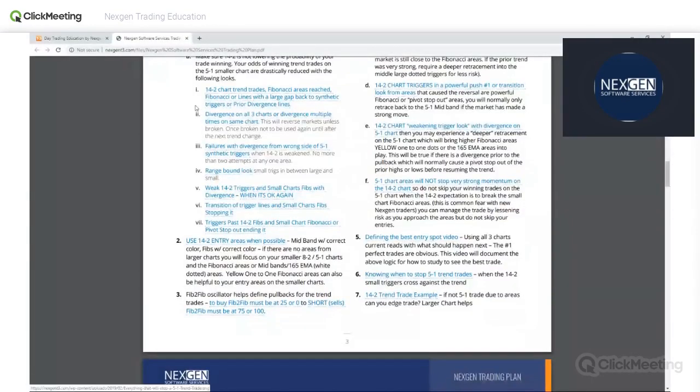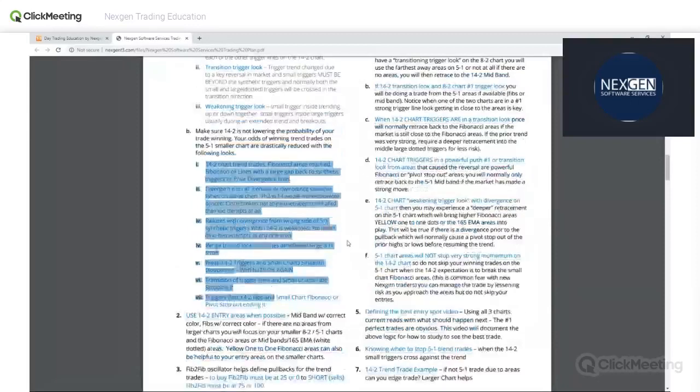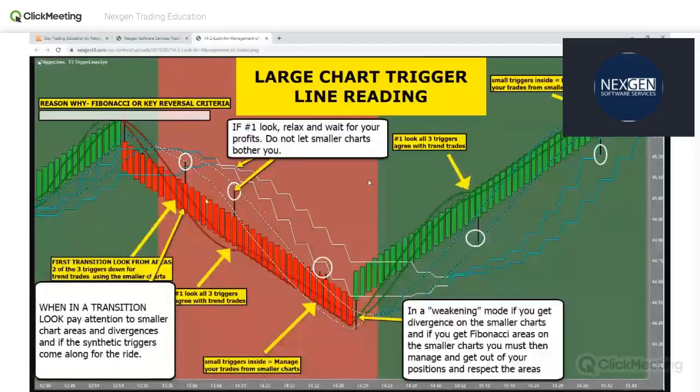When you see the things that will kill a trend trade and you really learn, I think the biggest thing is, what trigger line configuration is going to make you pay attention to the smaller charts more? When will you ignore it? When will you pay attention to it? That will really simplify what we do.